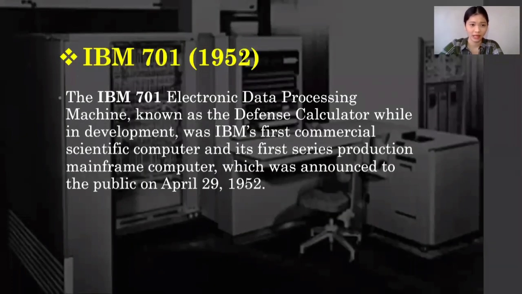So we also have the IBM 701 in year 1952, the electronic data processing machine known as the Defense Calculator while in development. It was IBM's first commercial scientific computer and its first series production mainframe computer, which was announced to the public on April 29, 1952.